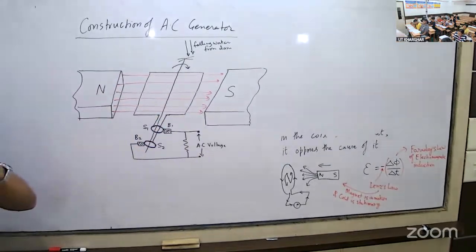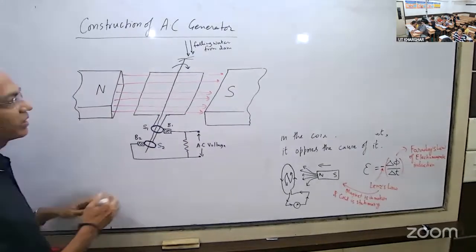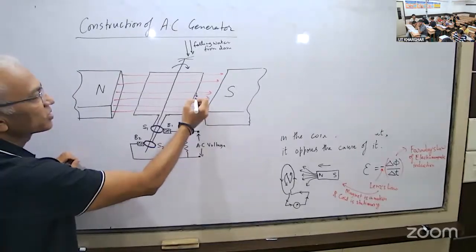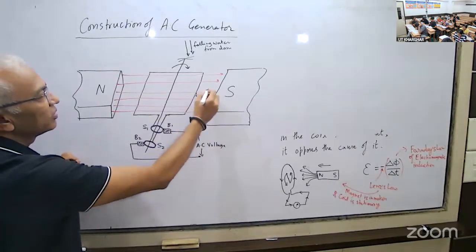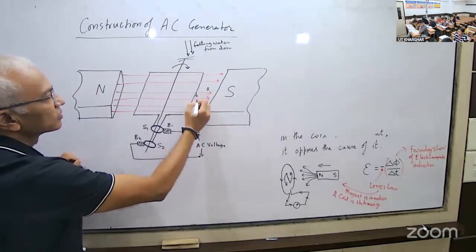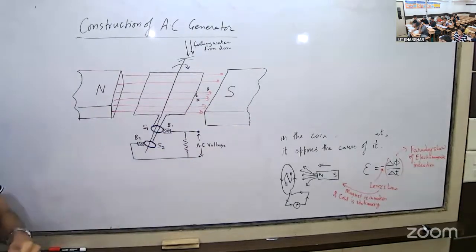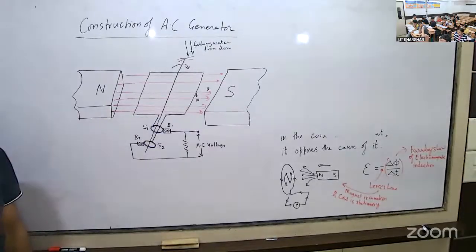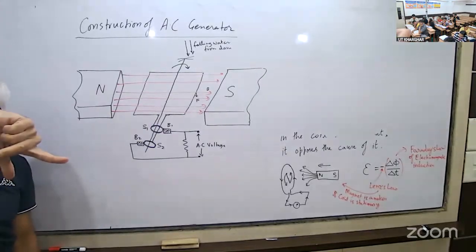Now, so what is the force acting on the coil? Let's consider this point. Force is in this direction. Magnetic field is in this direction. Right? So Fleming's right hand rule. How to apply? So where is the force? Down. Field in this direction. So where is the current now?